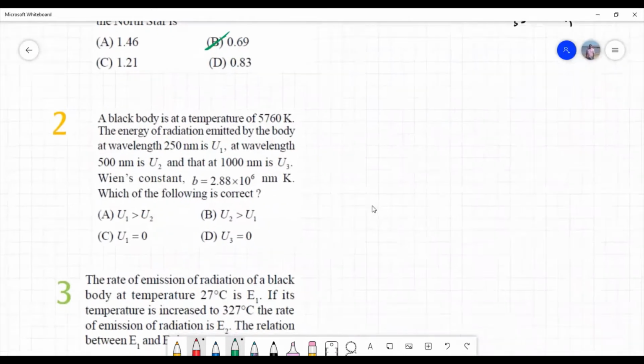Now let's look at question number 2. A black body at a temperature 5760 Kelvin. The energy of radiation emitted by the body at a wavelength 250 nanometer is U1.